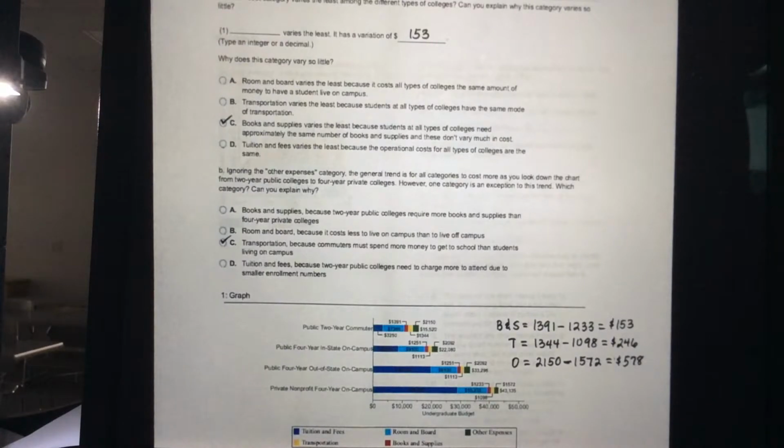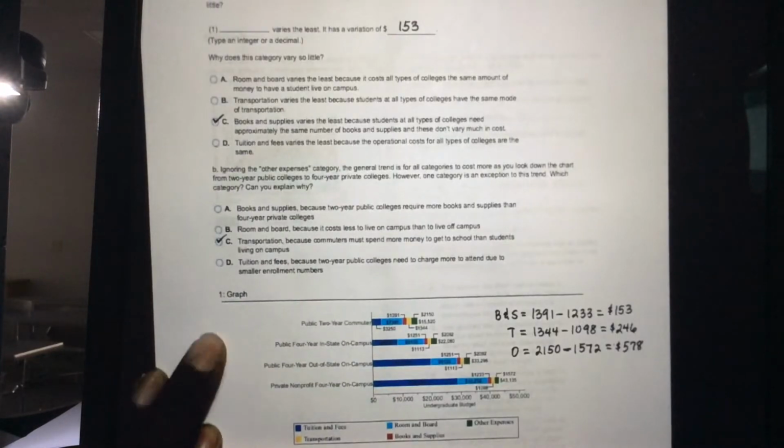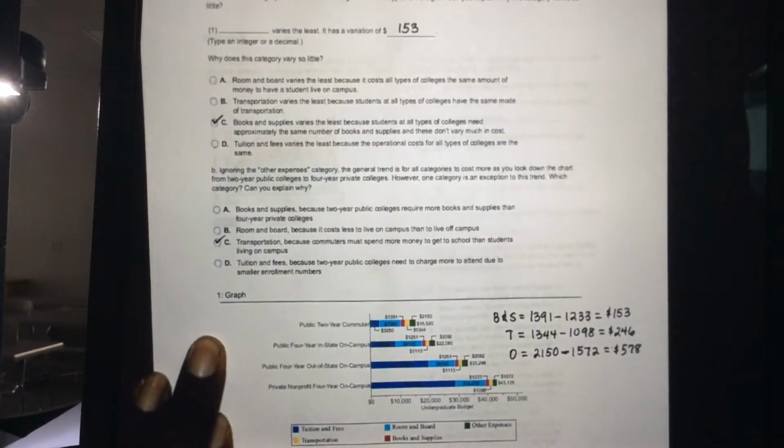But for those who commute, who live off campus, yeah, you have to spend money just to get to school. Okay, so that's one of those stacked bar graphs and what they look like.